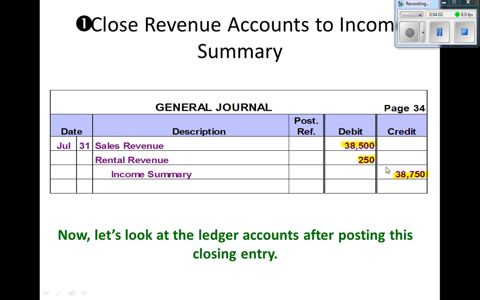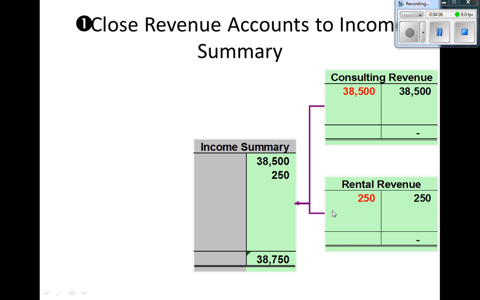The total of those debits will be a credit to our income summary. So now, after this entry is posted, our 2 temporary revenue accounts will have a balance of 0. They're ready to go for the next year. And we have credited income summary by the total of the 2 balances.